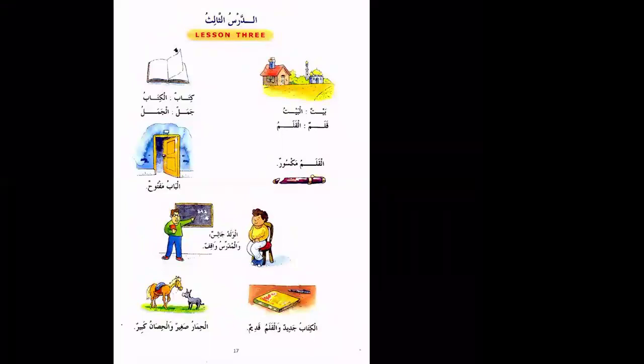Al-waladu jalis, the boy is sitting. Wal-mudarrisu waqif, the teacher is standing. Al-himaru saghir wal-hisanu kabir, the donkey is small and the horse is large. Al-kitabu jadid wal-qalamu qadim, the book is new and the pen is old.